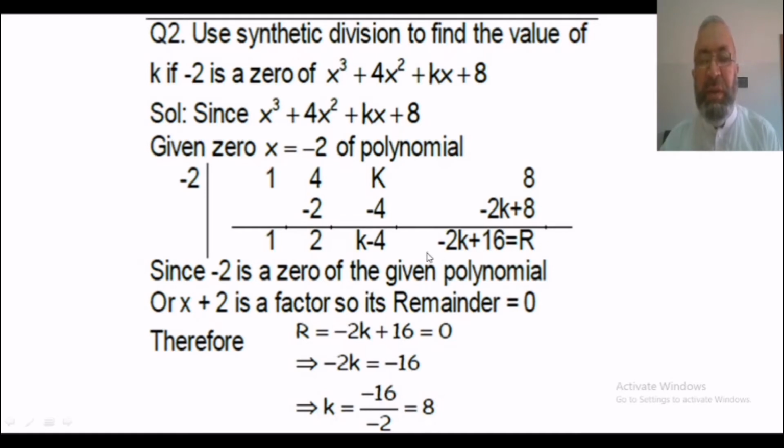So that is the property: if the remainder is not 0, then x + 2 will not be a factor. If the remainder is 0, then x + 2 is a factor. So given that x = −2 is a root, this means x + 2 is a factor, and if x + 2 is a factor, then the remainder equals 0. So we put the remainder equal to 0, and thus we get the value of k.